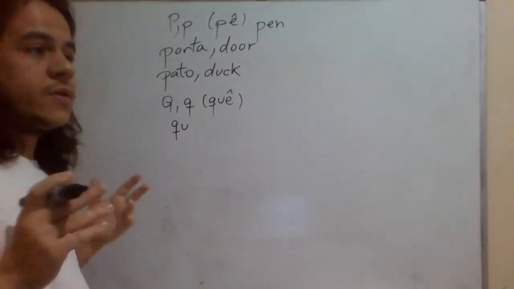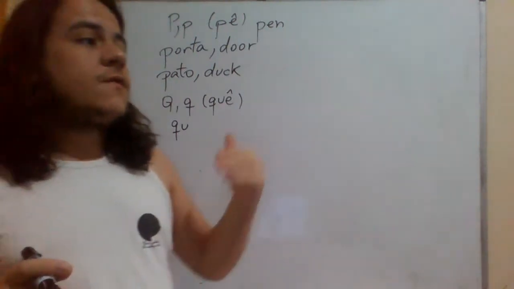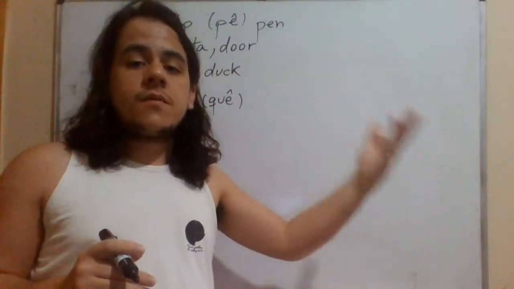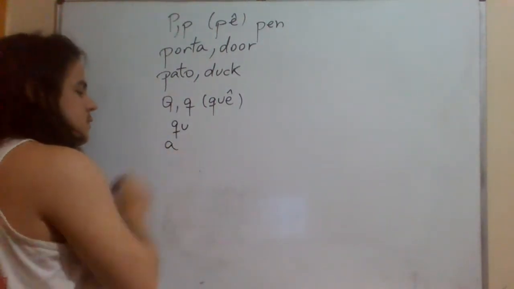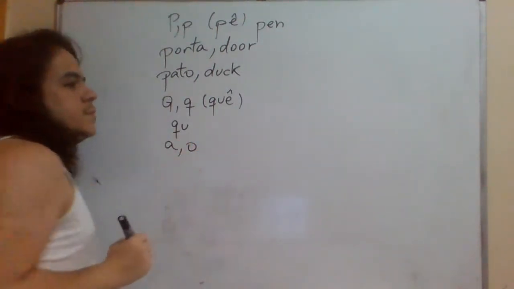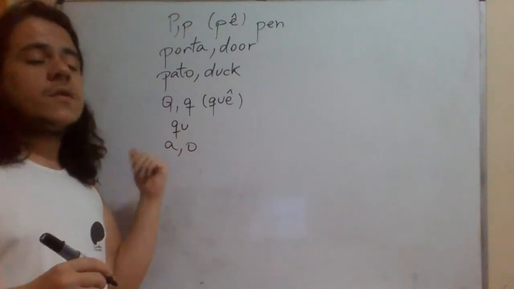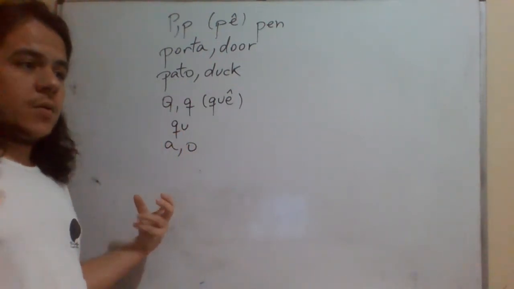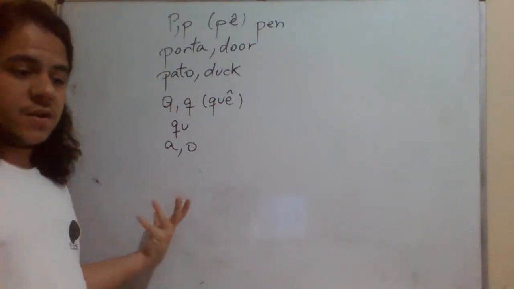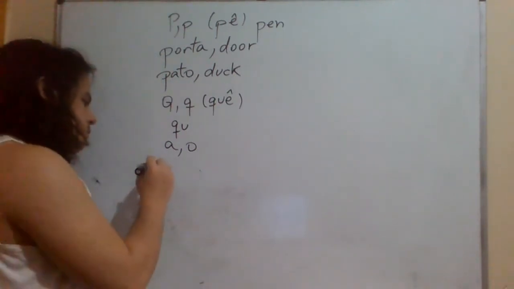And this will depend on the vowel that comes after. Before the letters A and O, those two letters will have separate sounds. They will sound separately.